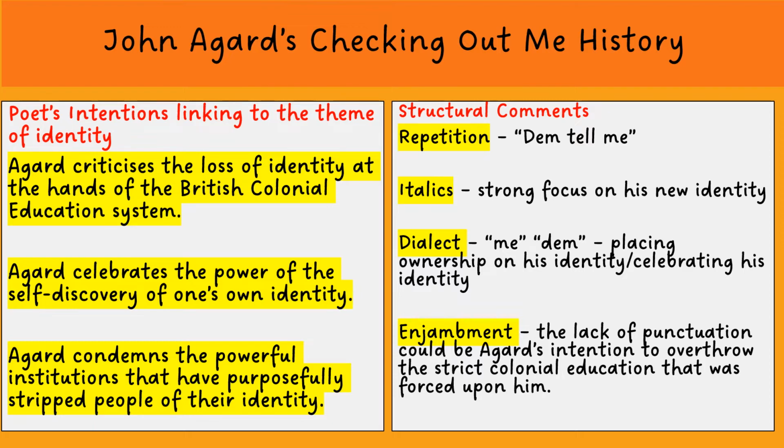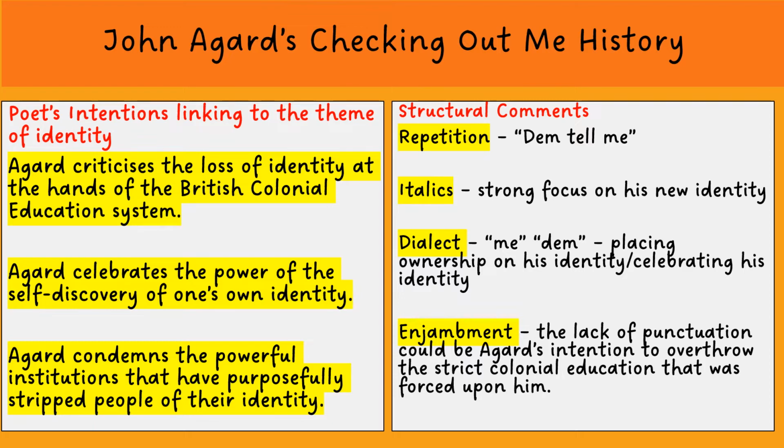You could also argue that for people reading the poem in Agard's dialect, the Guyanese dialect, it could bring out in a reader some discomfort, and that's because maybe they're not used to speaking in that dialect.